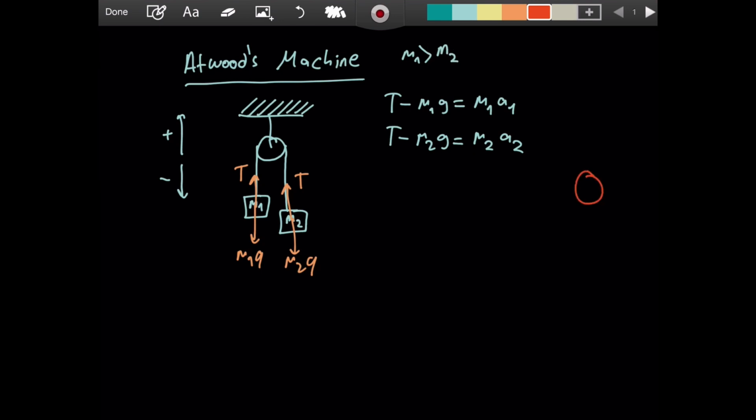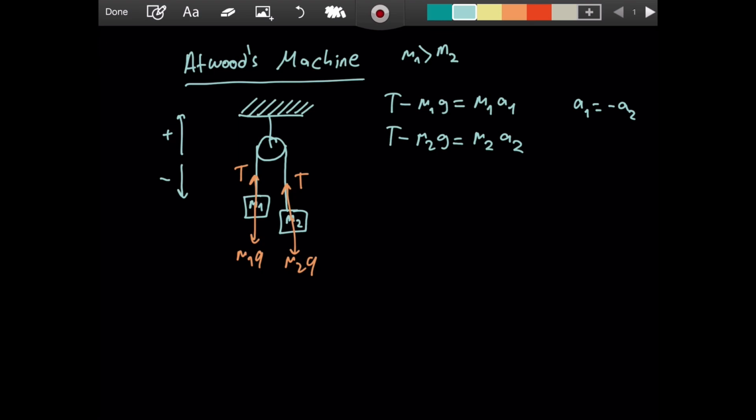If mass 1 is moving downwards, the rope is getting longer on this side, so it should be getting shorter on the other side, and for it to be getting shorter on the right side, the second mass should be moving upward, which is the opposite direction. So the key thing here, which you probably can sense, is that A1 equals negative A2.